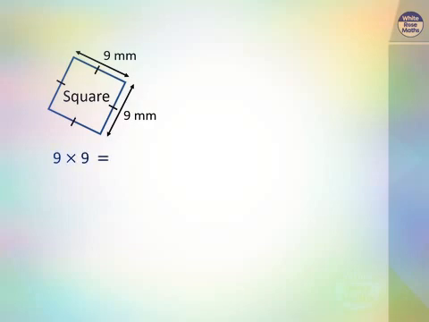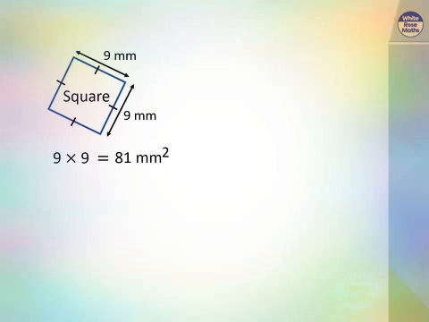Here we have another shape. We're told it's a square, and we're told one side is 9 millimetres. Do we have enough information to find its area? We do, because we're told it's a square, which means every side is 9 millimetres long. We could label another side as 9 millimetres. 9 times 9, well, that's equal to 81 millimetres squared.